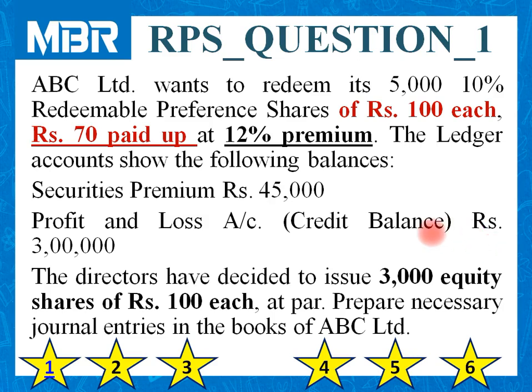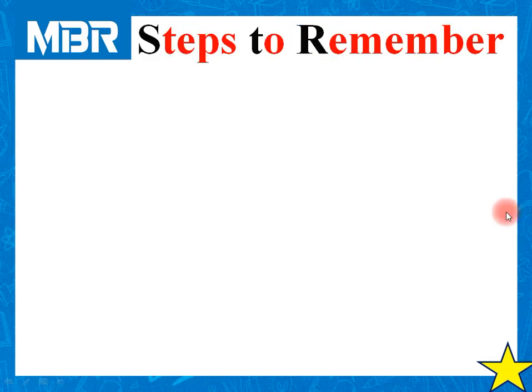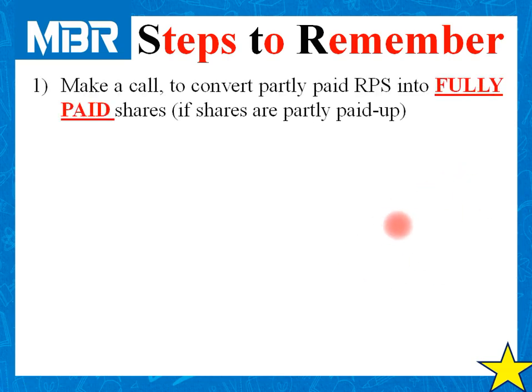Securities premium rupees 45,000. Profit and loss account credit balance rupees 3 lakhs. The directors have decided to issue 3,000 equity shares of rupees 100 each at par. At par means at face value.